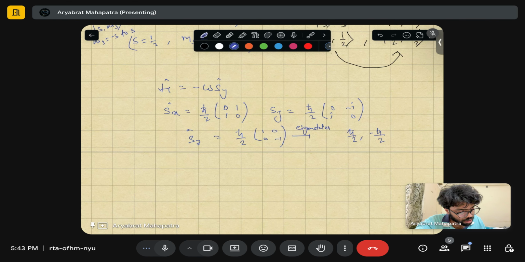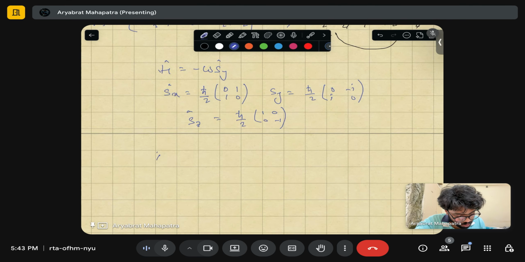So these are your eigenvalues, or let me write this way: lambda of Sz, their eigenvalues, that is ħ/2 and minus ħ/2, and there are eigenstates.